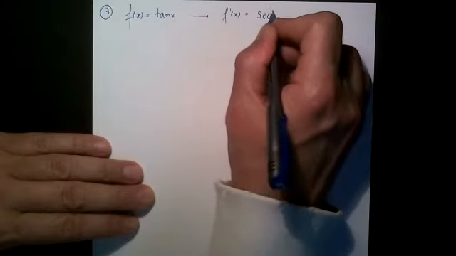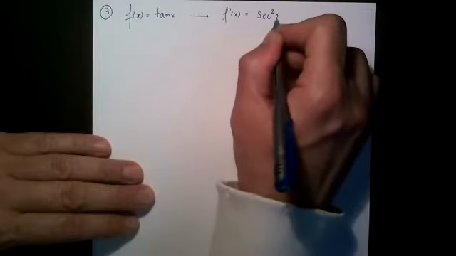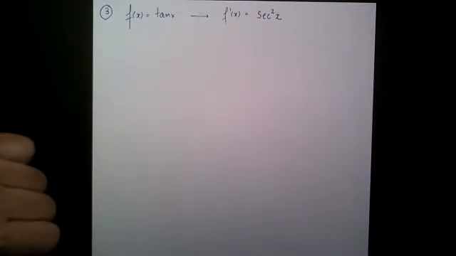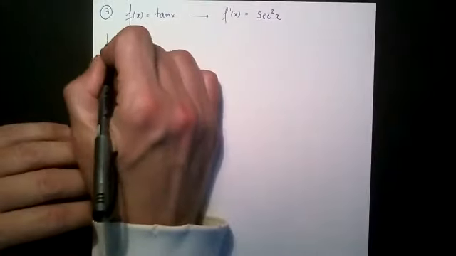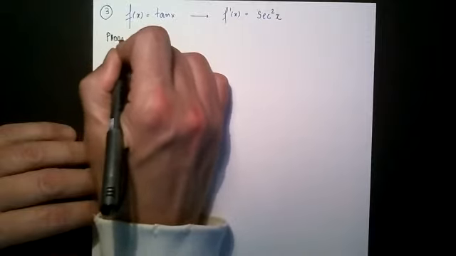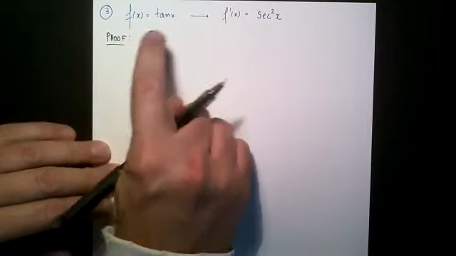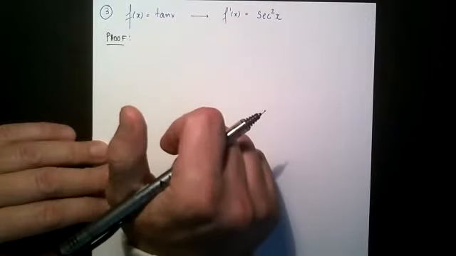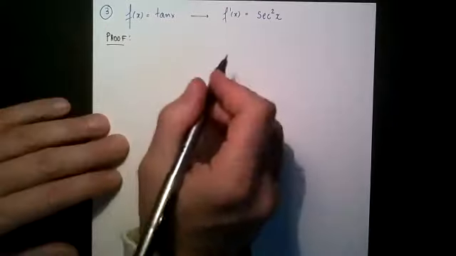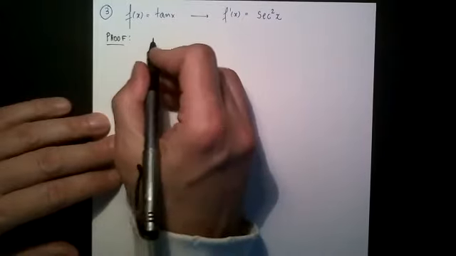Secant squared of x. If you don't know it, you can't really guess it. Let's prove this. I'm going to prove the tangent is secant squared, and then you're going to prove the cotangent.